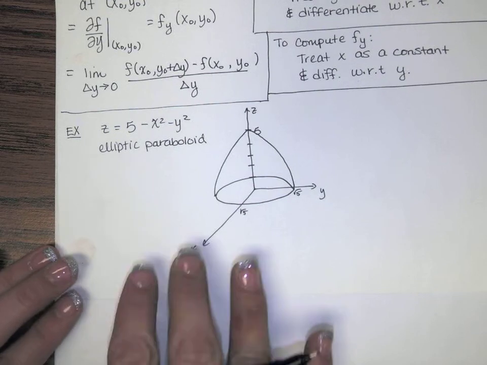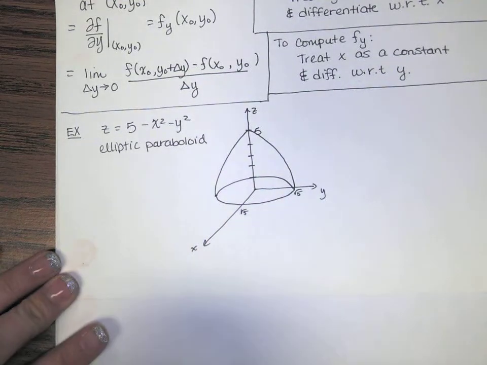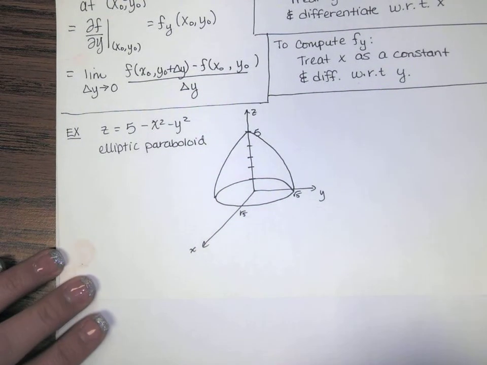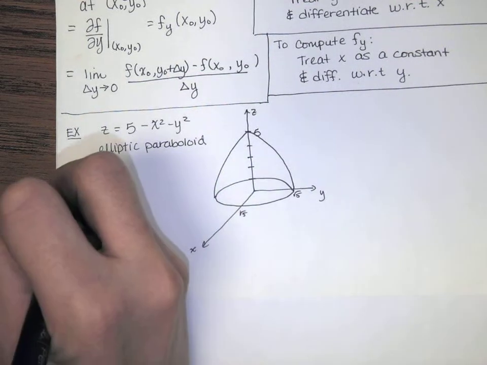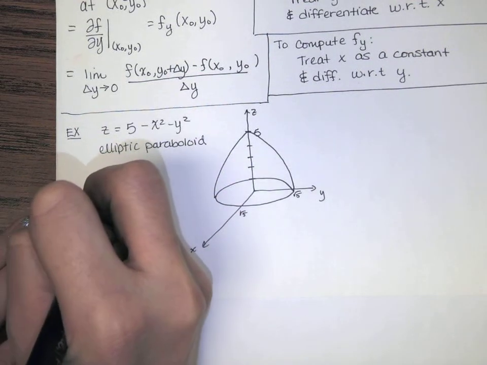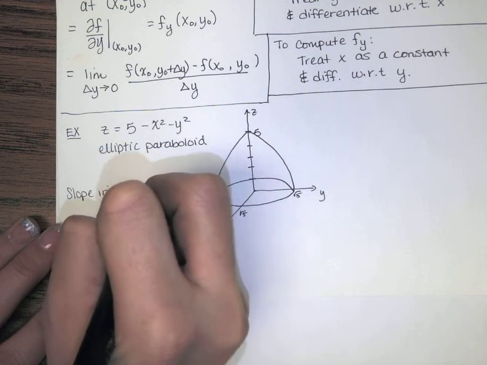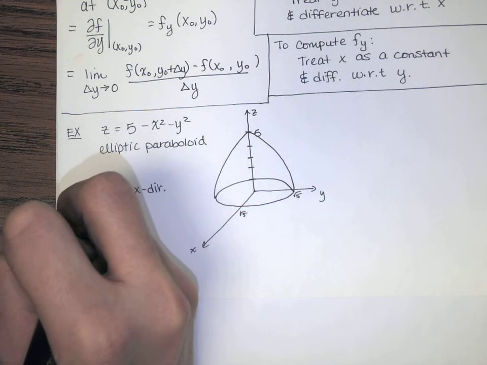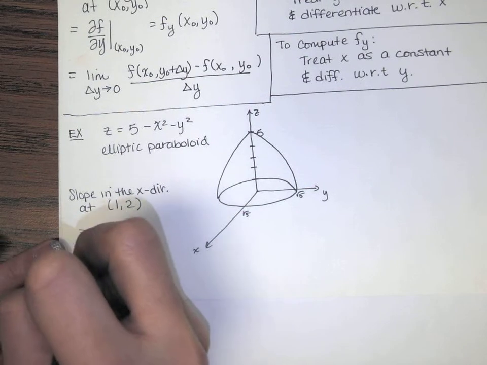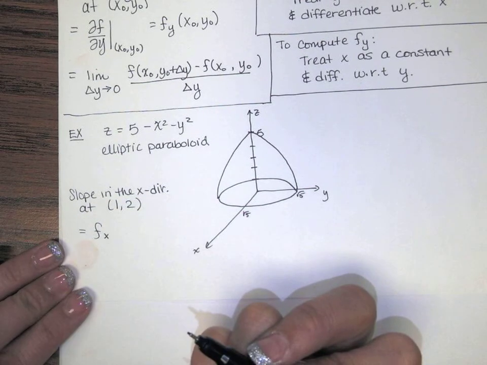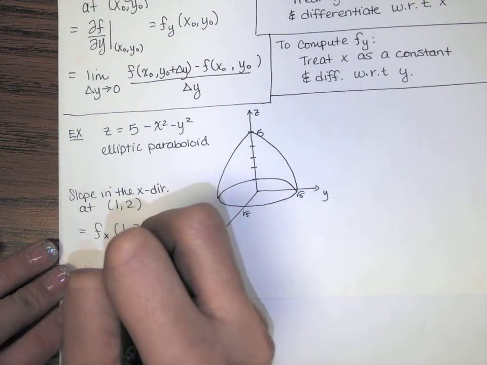Okay, so now let's say I want the slope of this surface in the x direction at the point x equals 1, y equals 2. Well, that's going to be the partial of f with respect to x at the point (1, 2).